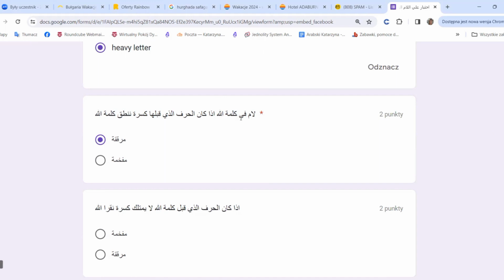I know this because before the page I have murakkaka and mufakhkhama. Murakkaka we read like Allah, and mufakhkhama Allah. Right, you are right.